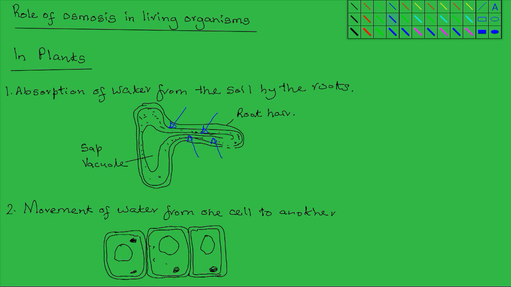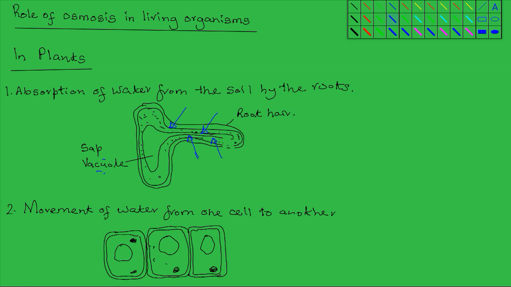The second role of osmosis in plants is in the movement of water from one cell to another. Once water gets into one cell by osmosis, it dilutes the sap vacuole and the cytoplasm of that cell. So that cell becomes hypotonic relative to the adjacent cell.